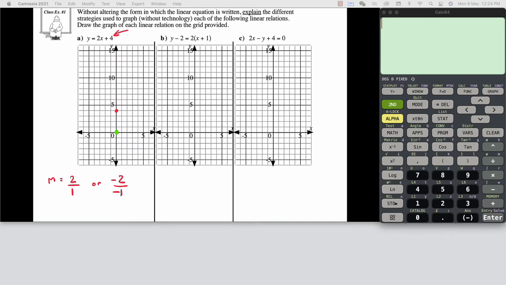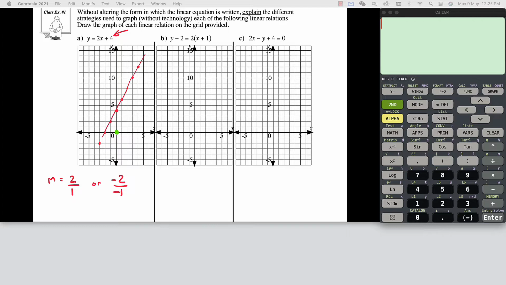With that, I can just go through and make a whole bunch of points. So up 2 over 1, up 2 over 1, etc. And from the y-intercept, I can go down 2, left 1, down 2, left 1, and I get these points that all line up and form a straight line.